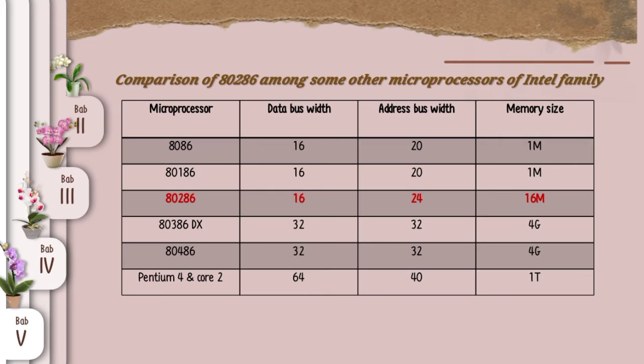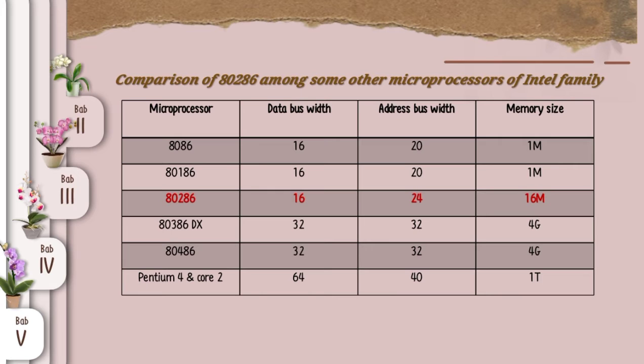Let's start with the 8086 microprocessor. The 8086 has a data bus width of 16, an address bus width of 20, and a memory size of 1 megabyte. Next, the 80186 is the same as the 8086, with a data bus width of 16, address bus width of 20, and memory size of 1 megabyte.